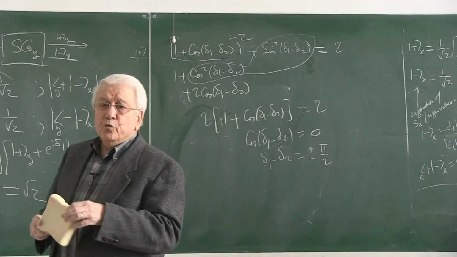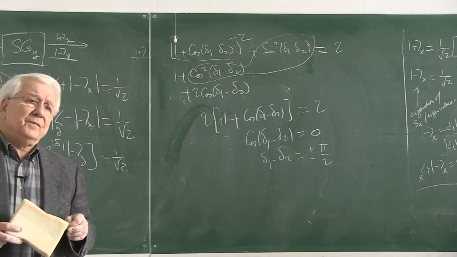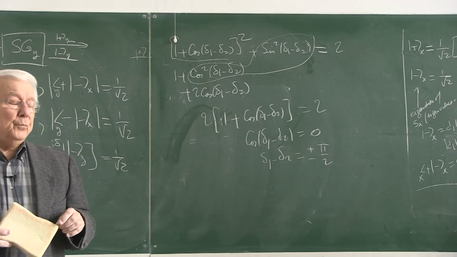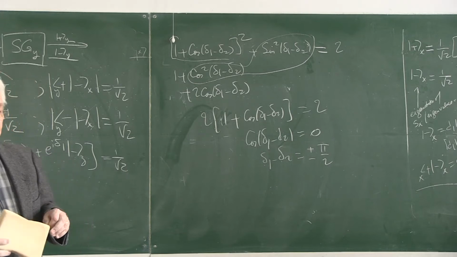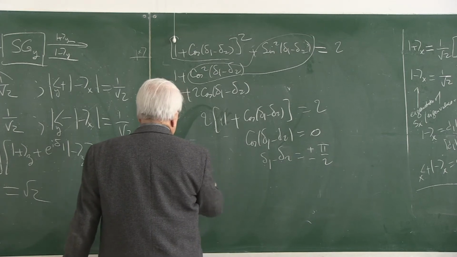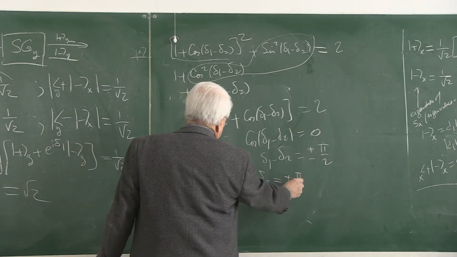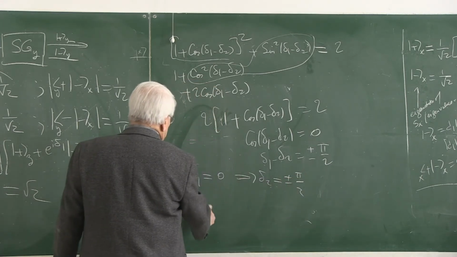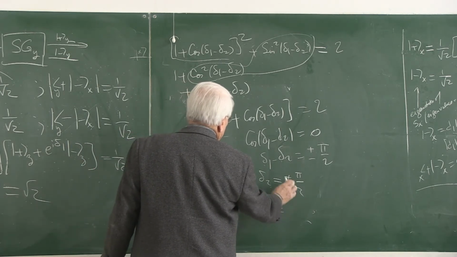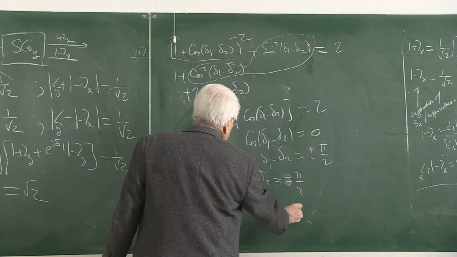You may get into rather complicated options, but the trivial solution is to choose one of them to be real. That is, either you choose delta 1 equal to 0, that's the first option, and you get delta 2 equal to plus or minus pi over 2, or vice versa. You can choose delta 2 equal to 0, and you get plus or minus delta 1. This is not important, but being very straightforward, you may wish to write it as such.